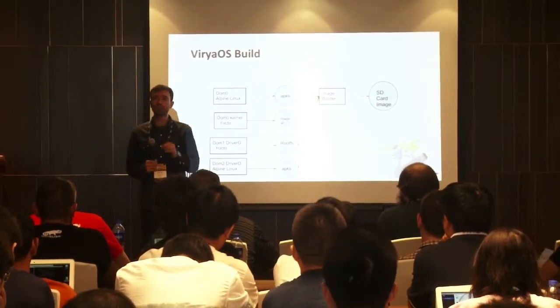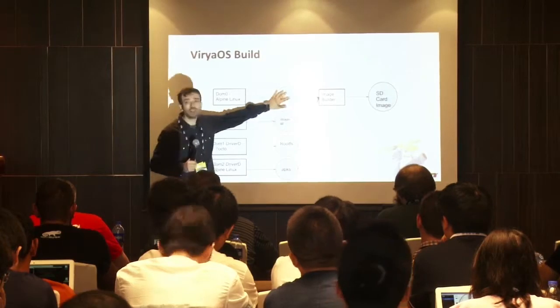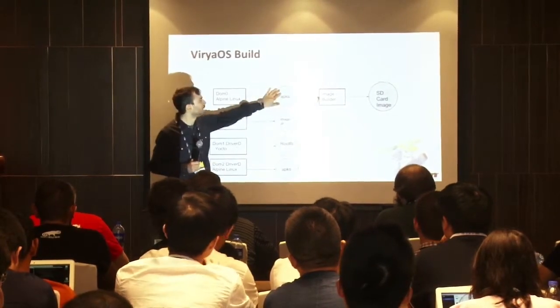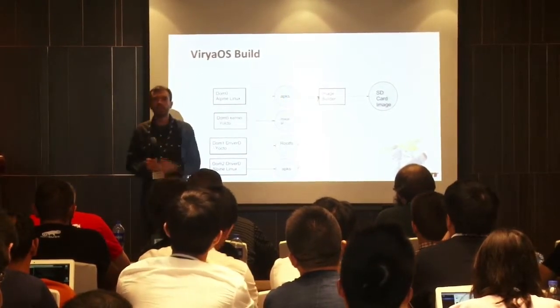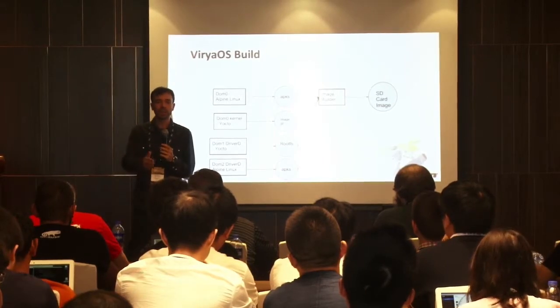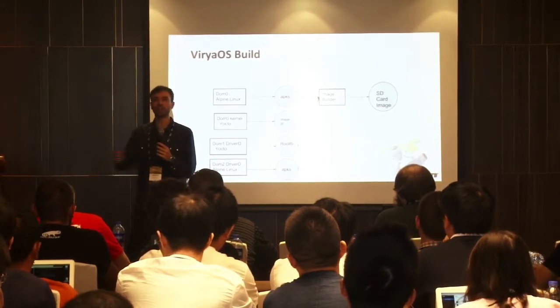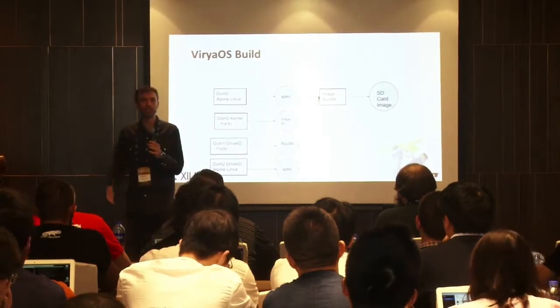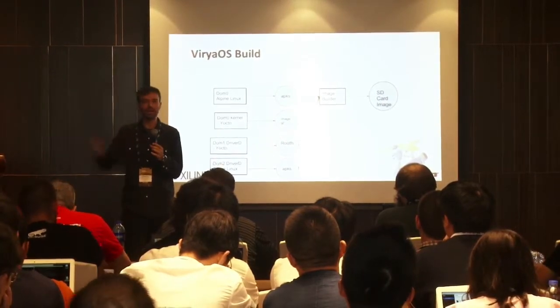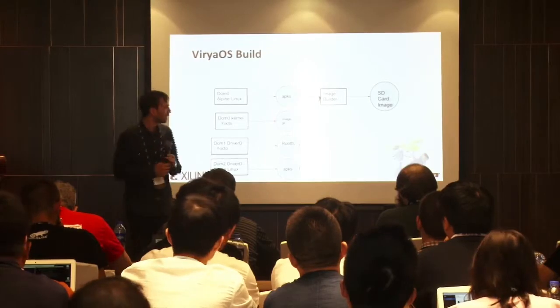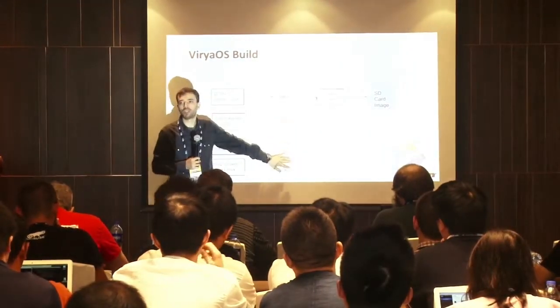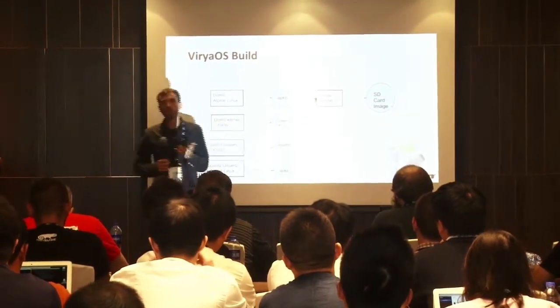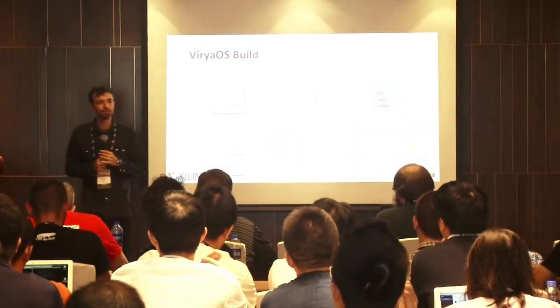But the best of all reasons is because these are containers. What is an APK container? It's a container with a directory and a bunch of APKs in it, and nothing else. What is an image.gz container? It's a container with a kernel binary in it and nothing else, to be clear. So what can you do now if all of these are containers? You can push them to the Docker Hub.